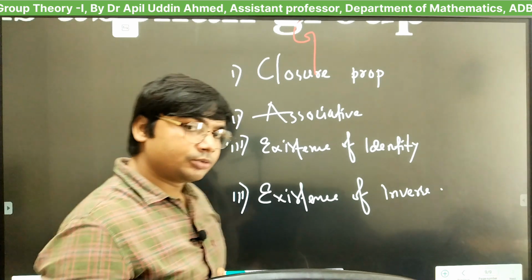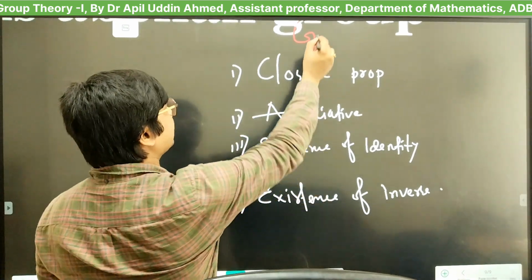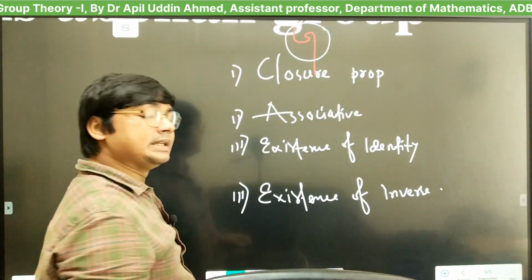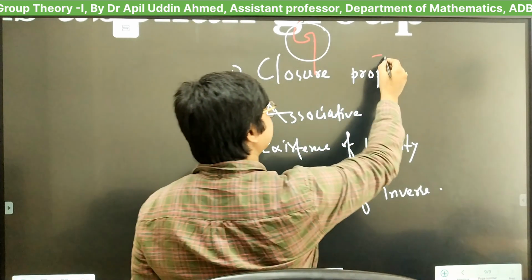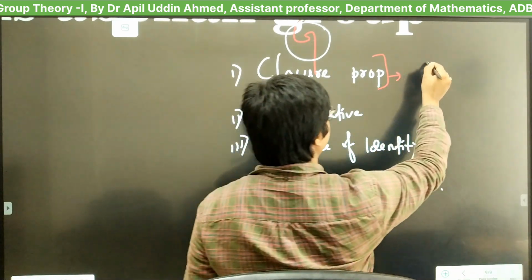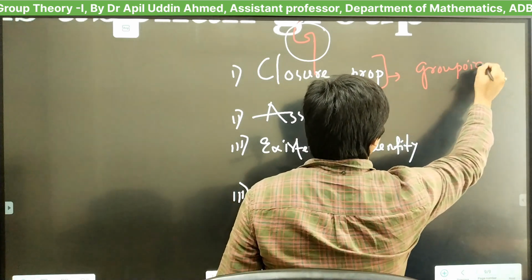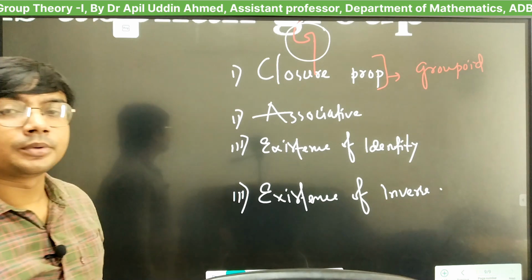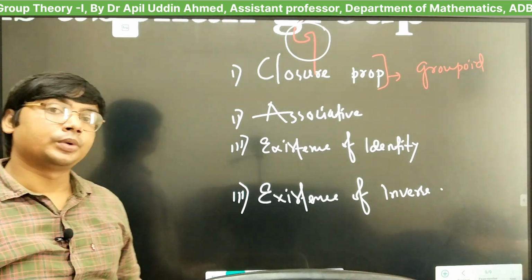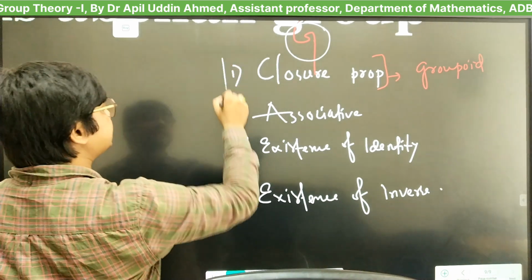So my dear students, what you see here is, if we consider a non-empty set, suppose G, and if it satisfies the closure property, then we call it a groupoid.